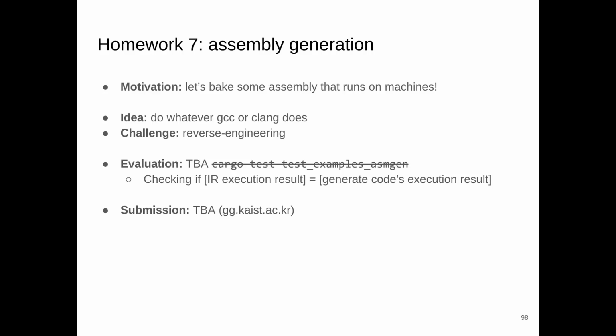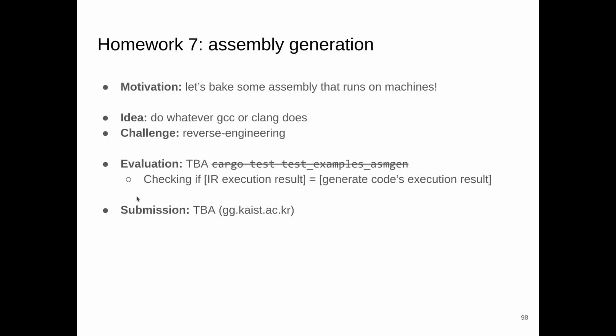So the challenge here is reverse engineering. You are going to find some examples that are suitable for exploring the compiler's assembly generation design, execute them on the Compiler Explorer, see what it does, and do exactly the same thing. So it is reverse engineering, and it requires some effort. So I think that's a challenge. But the idea is simple. The idea is just mimicking what they do.